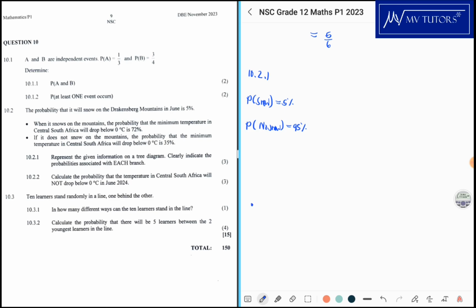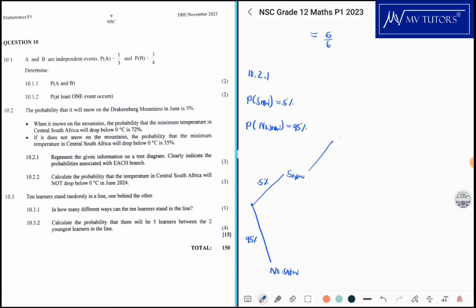We start over here and we go with the probability of snow and the probability of no snow. So snow, 5%, no snow, 95%. Then they say, when it snows, the probability that the minimum temperature will drop below 0 degrees is 72%.